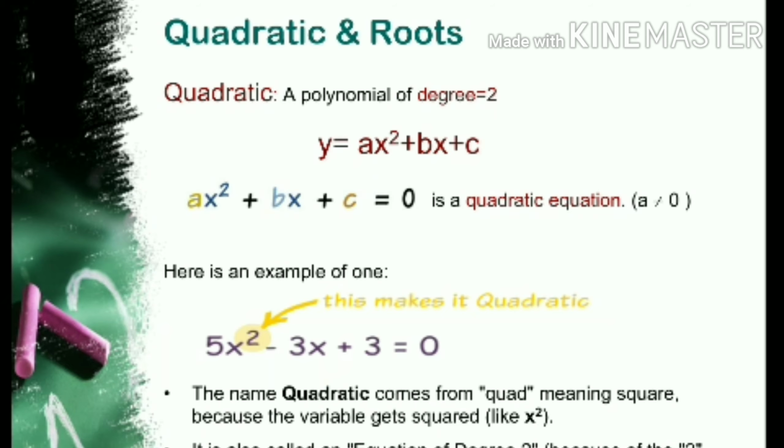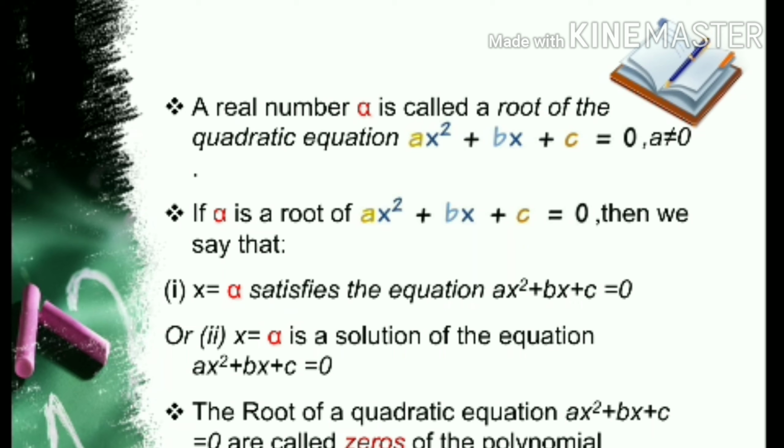Now, a real number alpha is called a root of the quadratic equation. So what is a root? A real number alpha. And if alpha is a root of ax square plus bx plus c is equal to 0, then we say that x is equal to alpha.